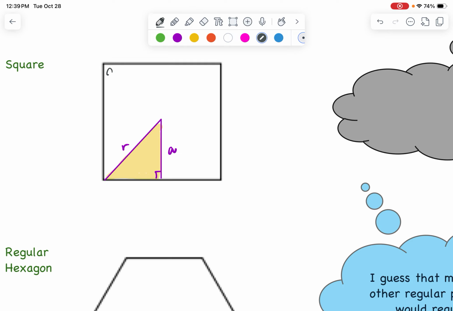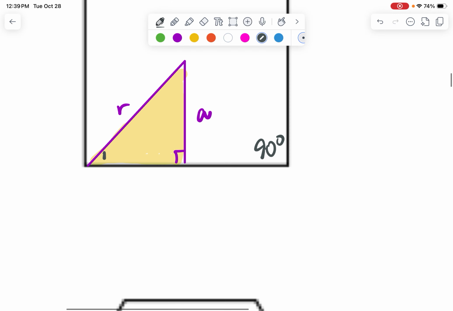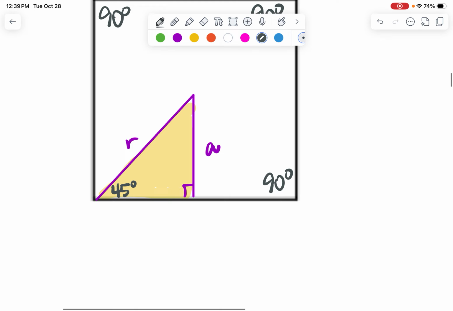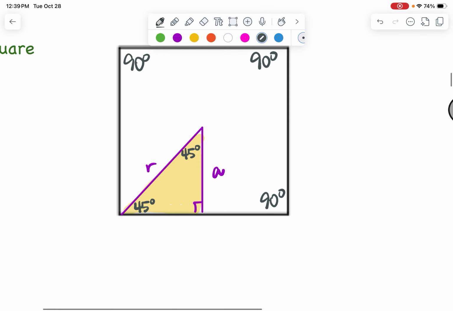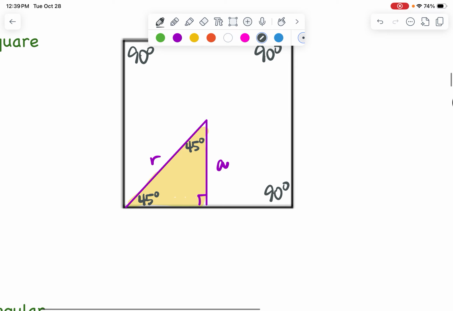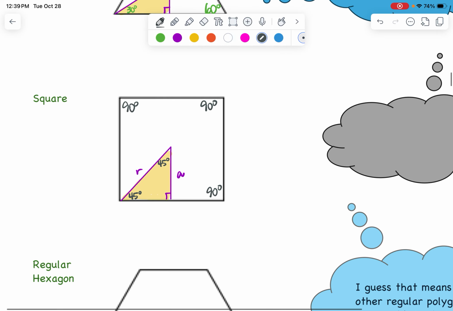Well, we know in a square, these are all 90-degree angles in the corner, which means over here, when I split that in half with my radius, then that's going to become a 45-degree angle, which means this guy is a 45-degree angle. So inside of every square is a 45, 45, 90 special right triangle, right? When we draw the apothem and the radius.